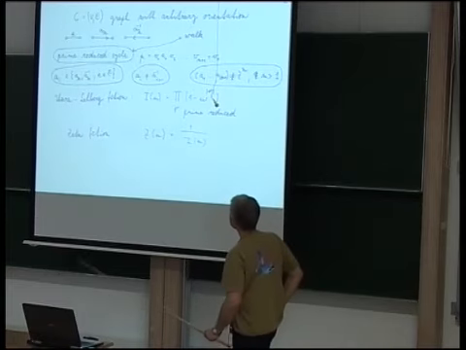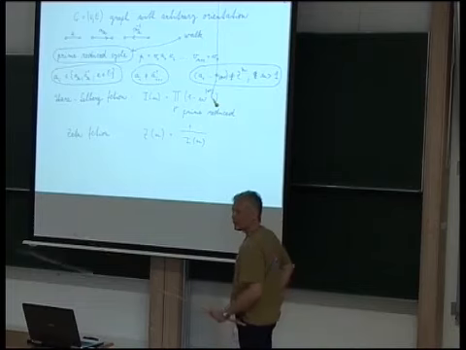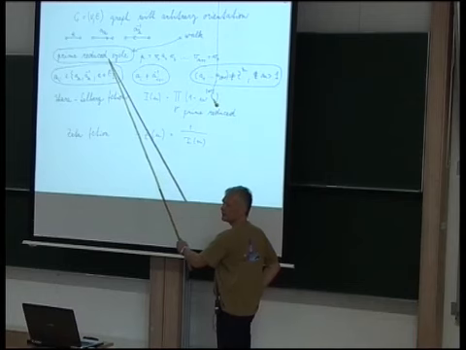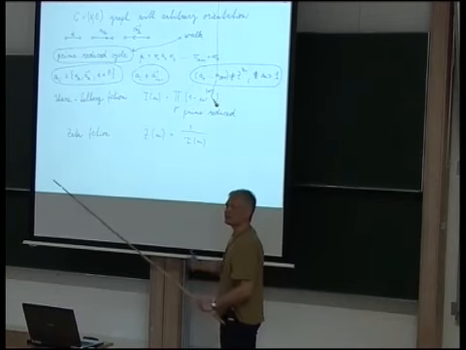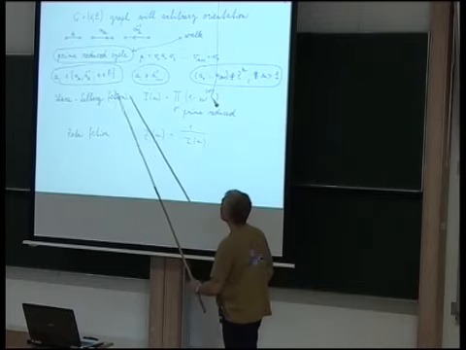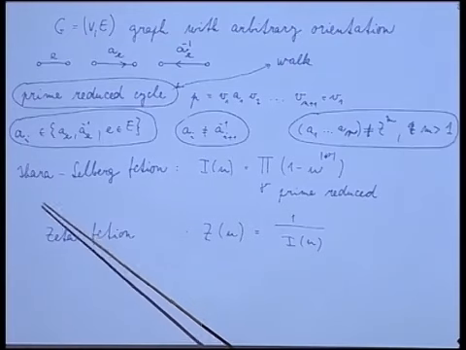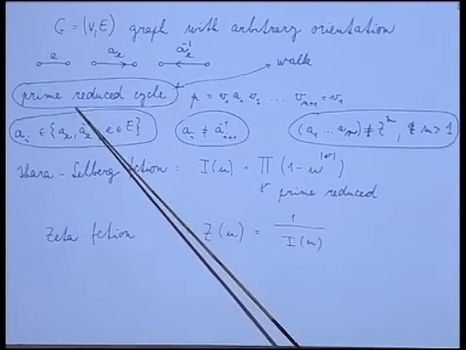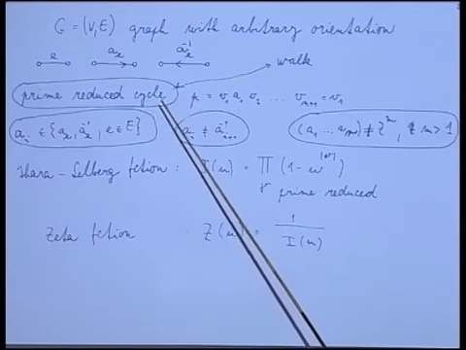This is a basic notion in this area, and it is somewhat standard. I hope you recognize it. Sometimes the prime reduced cycle is called a closed walk.